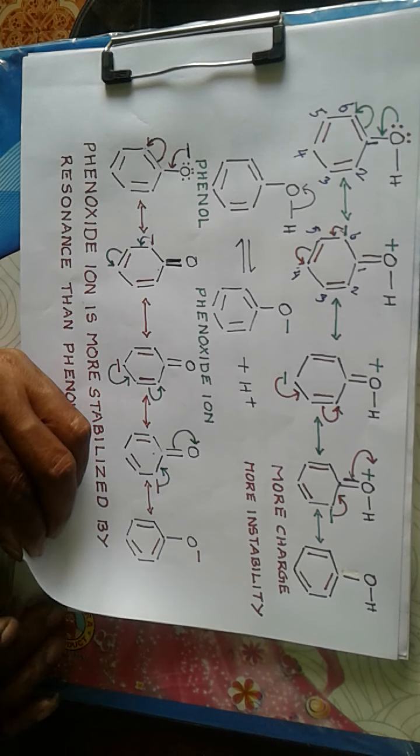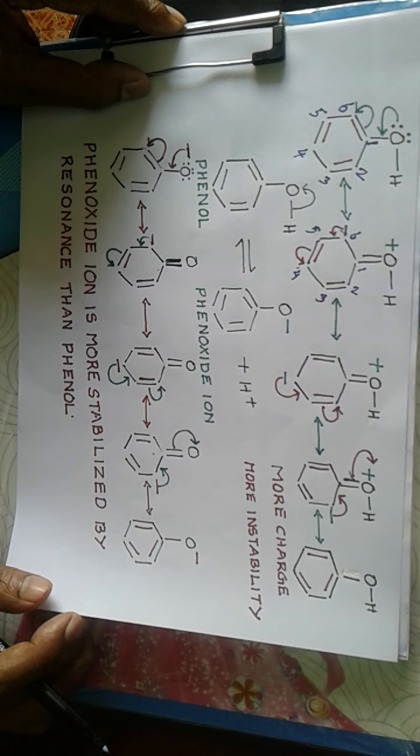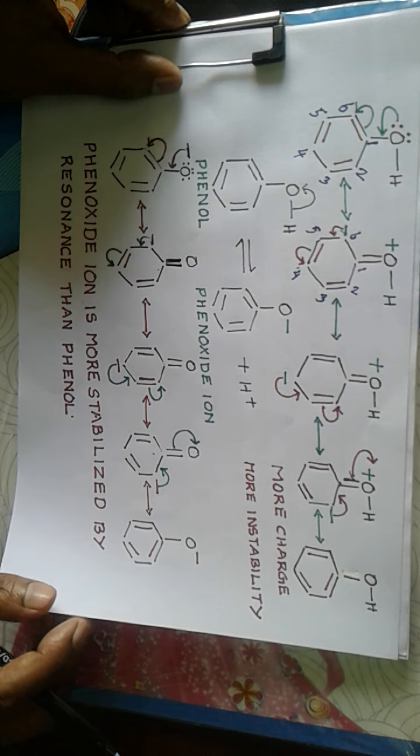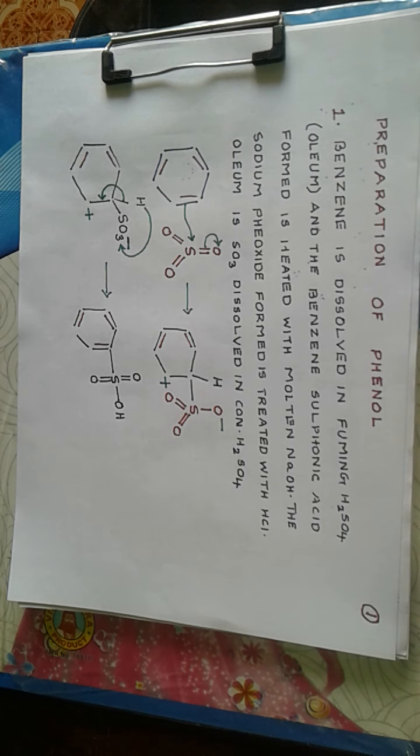Now coming to the methods of preparation of phenol. Now the first method is this one. Benzene is dissolved in fuming sulfuric acid, and fuming sulfuric acid is called oleum, O-L-E-U-M, oleum.